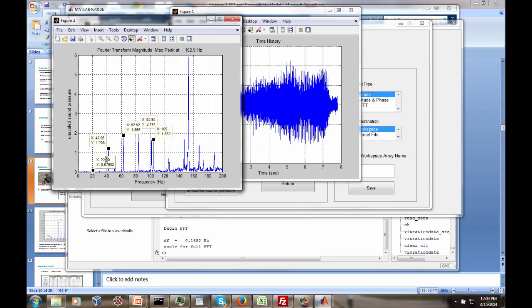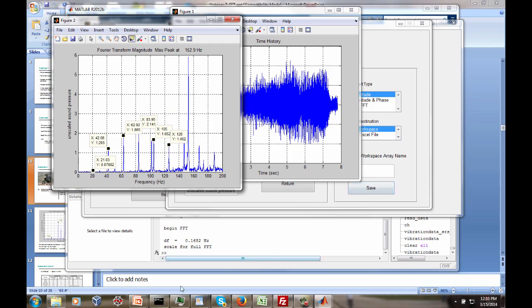I can do a create new data tip and go up and say, I bet there's one at 126 hertz. And in fact, yes. So the pattern of 21 hertz continues on. We could go up to much higher frequencies. So this is a big clue.